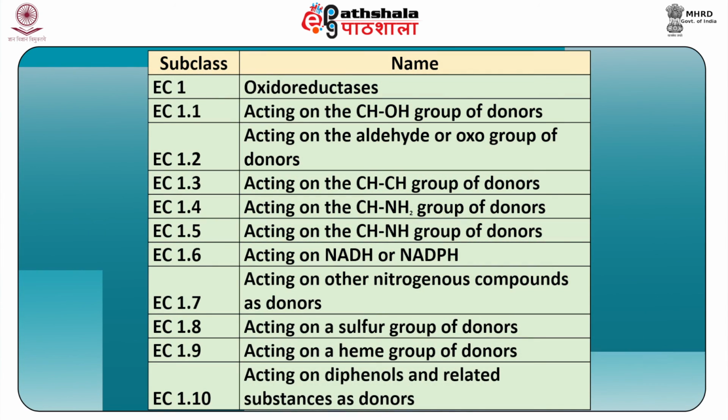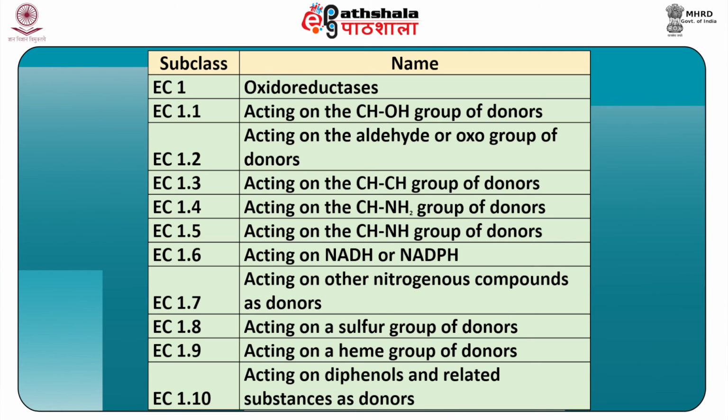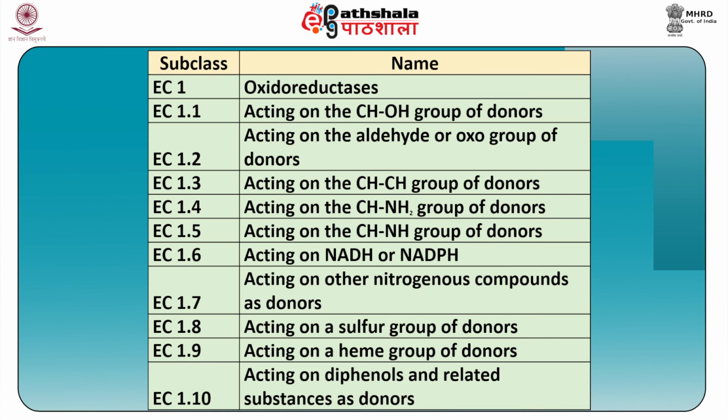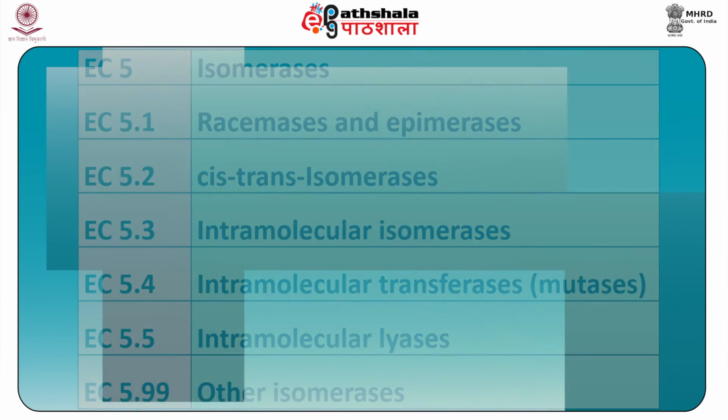So these are a few examples of what the second digit for oxidoreductases means, what the second digit in case of hydrolases means, which is EC3.1, 2, 3 and so forth. EC5 belongs to isomerases. What does EC5.1 mean? So this basically tells you a description of the subgroup of the enzymes.